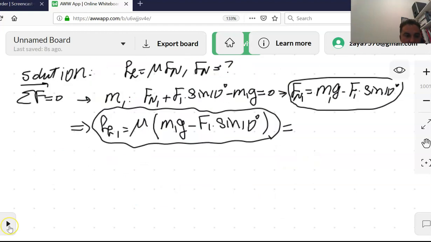Correct? So I got 9.49 newtons. So this is the friction force for object 1.